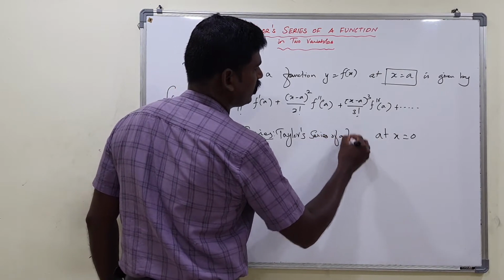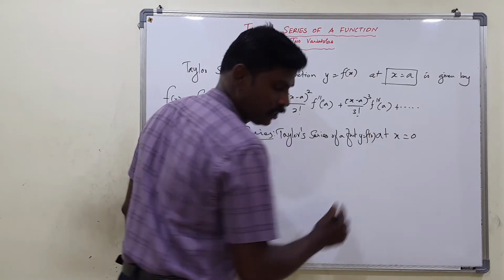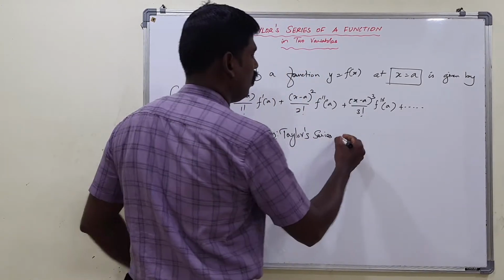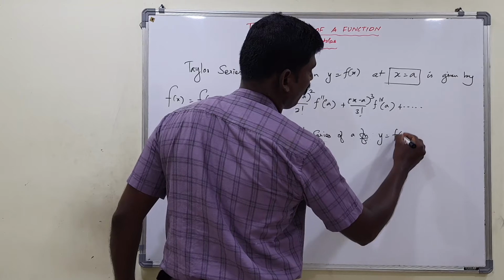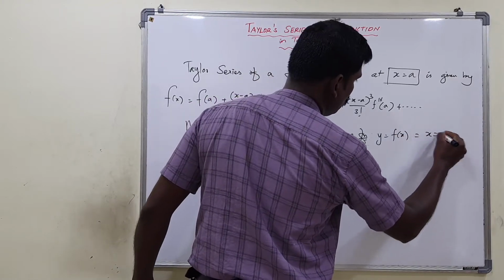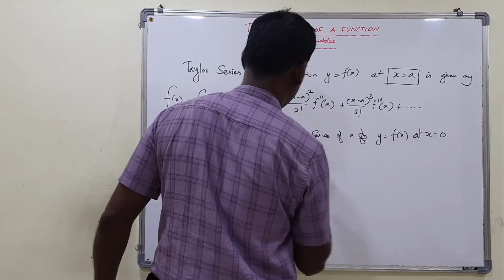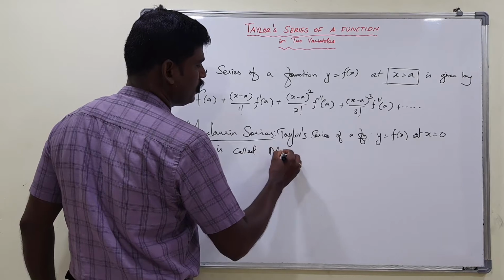The Taylor series of a function y equal to f of x at x equal to 0 is called the Maclaurin series.